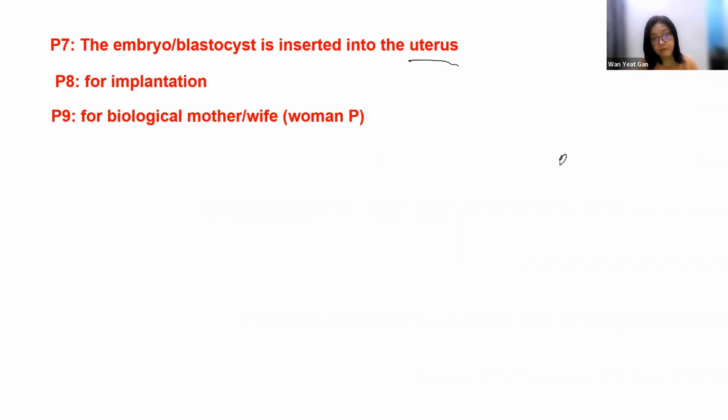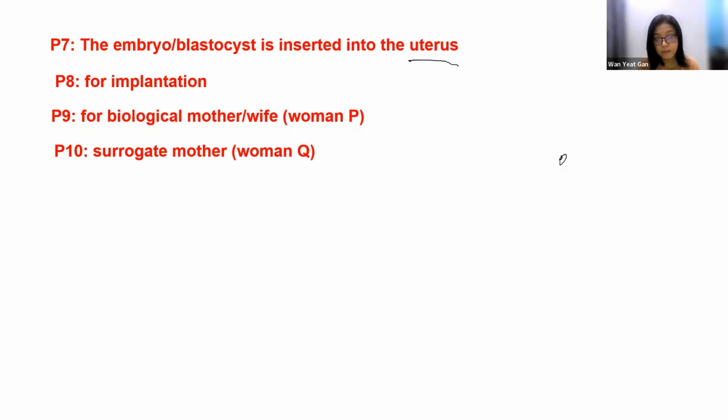You need to insert it back for implantation. For the blocked fallopian tube, the mother may be able to carry the baby, but the patient who has fibroid may not be able to carry the baby, so may need to use a surrogate mother.